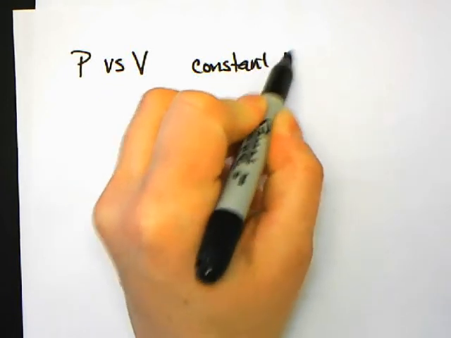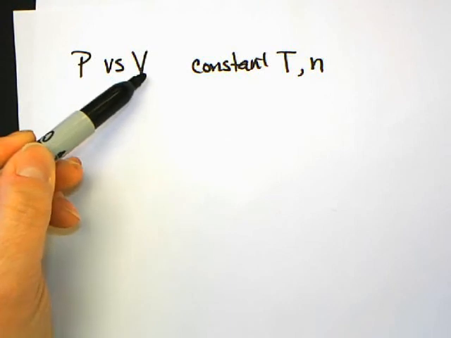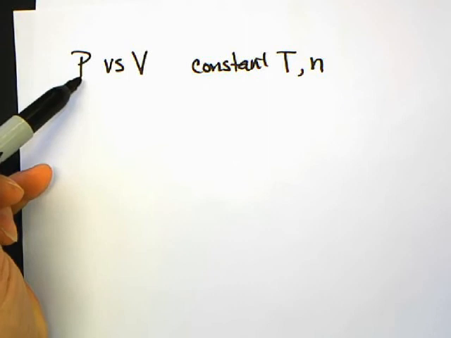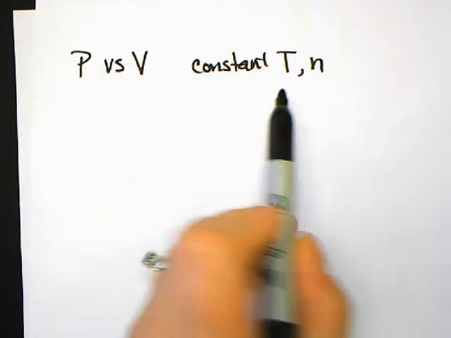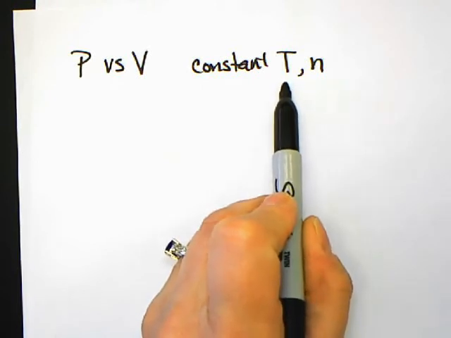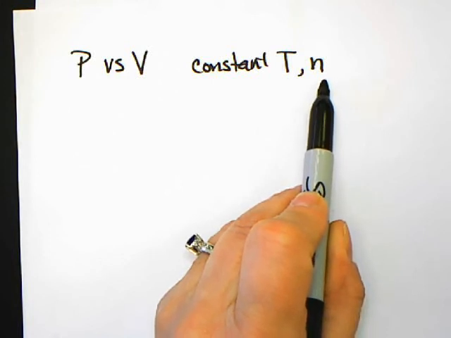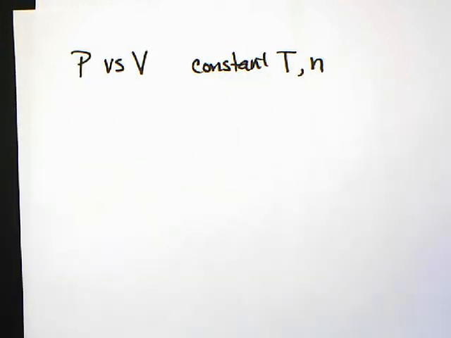That means you can change the volume of the container, you can see what happens to the number of collisions, but in order to do that, the speed of the molecules has to be constant, temperature has to be constant, and you can't change the number of molecules. So this gas exploration is going to let you explore the 6 relationships that will exist between these 4 variables. So have fun with the exploration and continue on there. This is now the end of your first video.